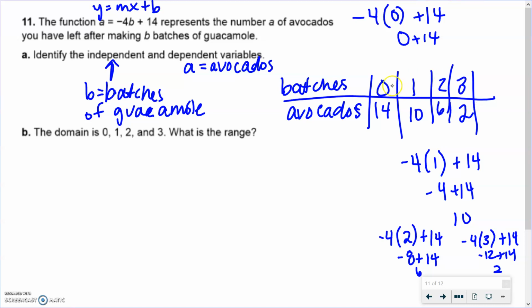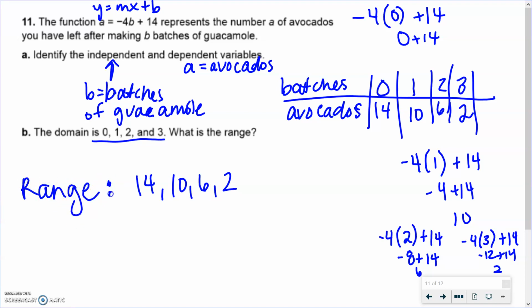Okay, and the reason I chose 0, 1, 2, and 3 is because it says the domain is 0, 1, 2, and 3. So if our input, because the domain is always related to our input, is 0, 1, 2, and 3, then our range is the outputs for those numbers. So the range would be 14, 10, 6, and 2.